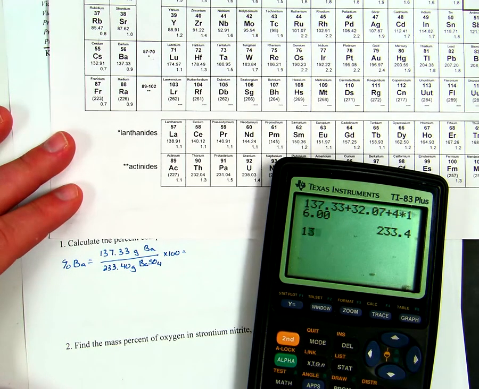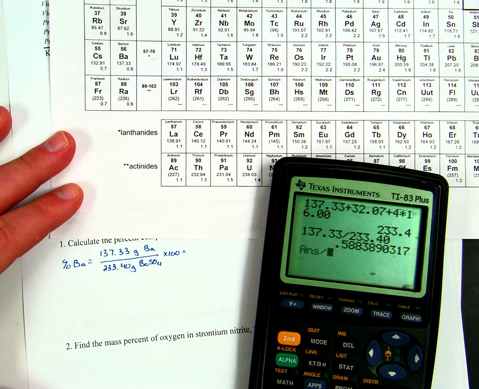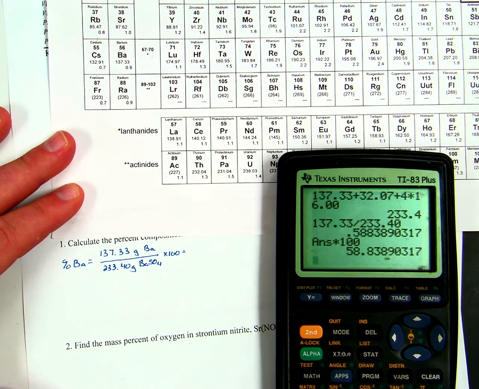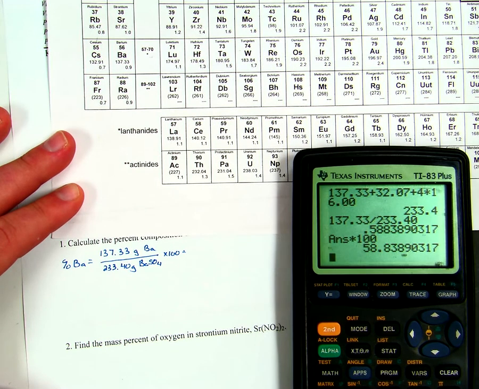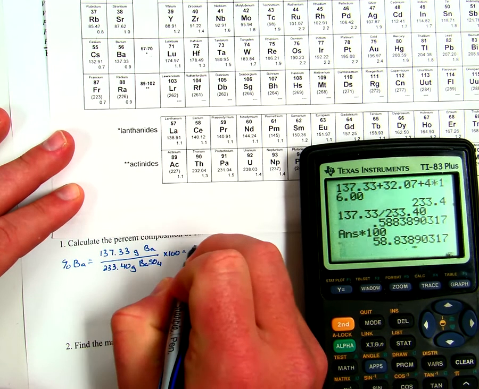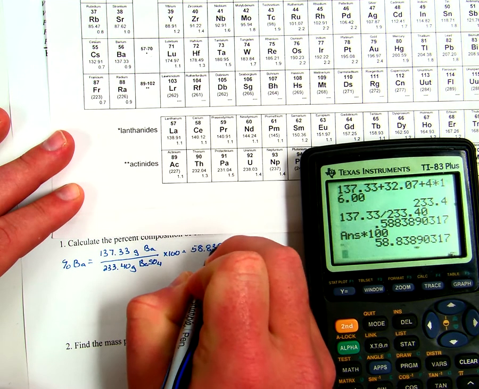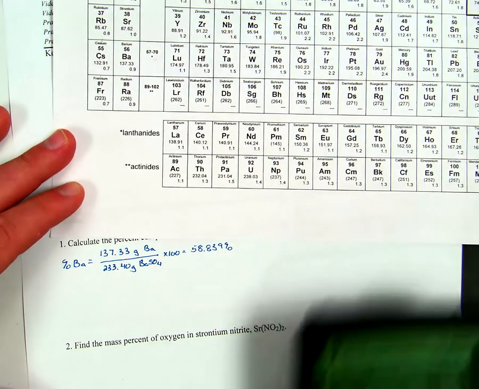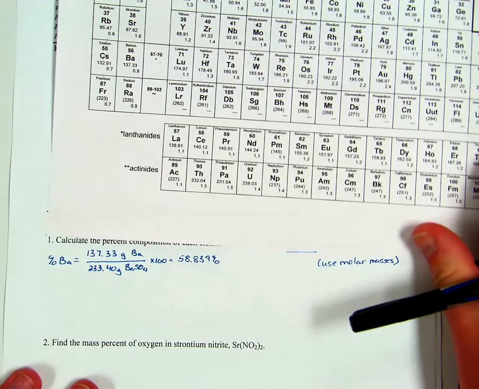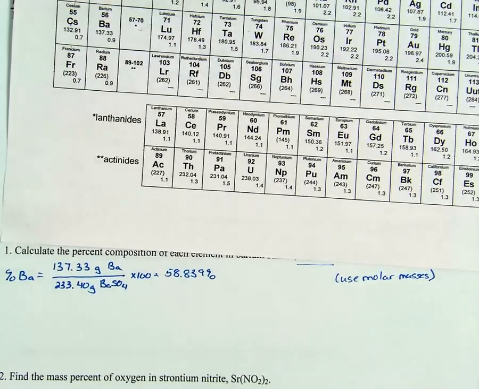So I'll do the division and multiply by 100. That gives me, looks like I got 5 sig figs here, 58.839. That's what we get there. And that is for the barium.